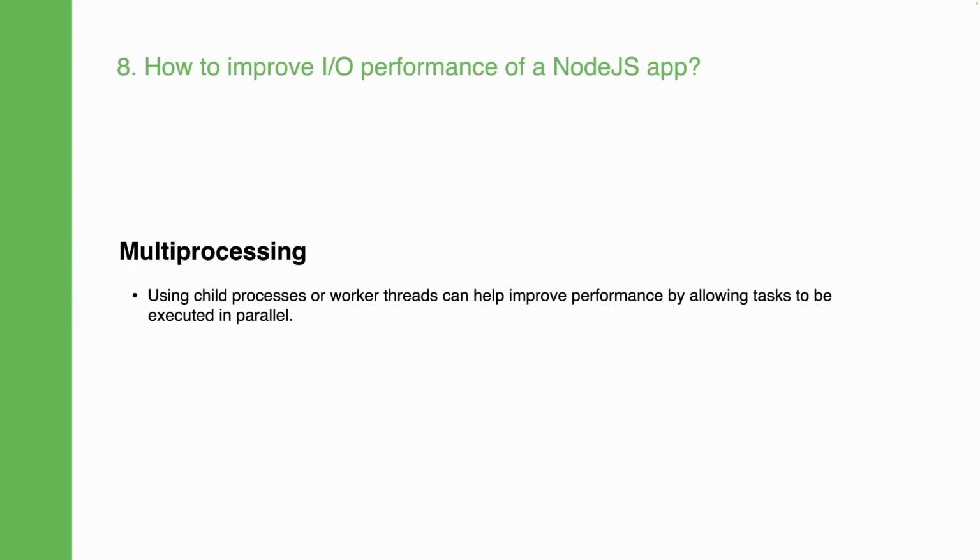Then there's multiprocessing. Using child processes or worker threads can improve performance by enabling tasks to be executed in parallel. In Node.js, the cluster module allows you to spawn multiple child processes that share the same server port, effectively increasing the computational power of your application.